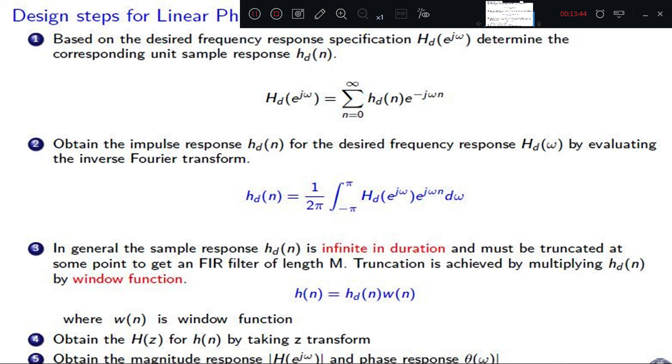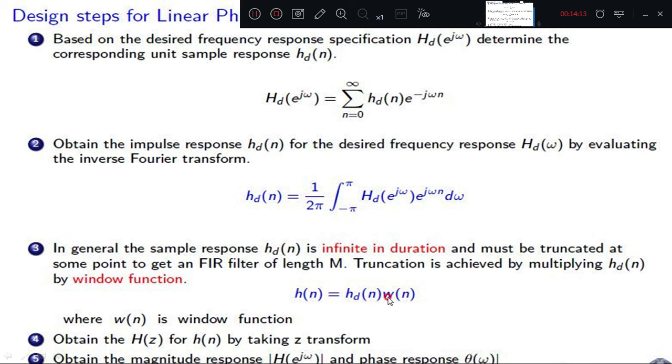So if they mention the type of window you have to use, so if the rectangular window you are asked to use, then you have to multiply by WR of n. That WR of n is nothing but the rectangular window function, and you have to multiply it with the HD of n. What is this HD of n? It is the IIR filter impulse function.